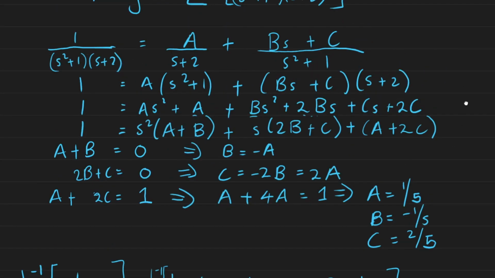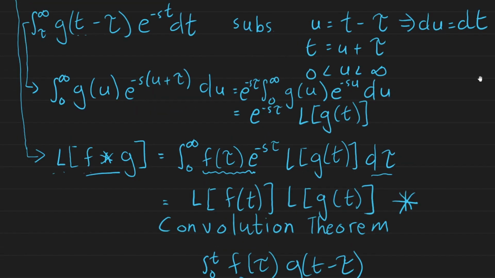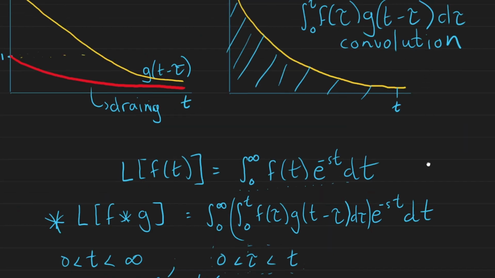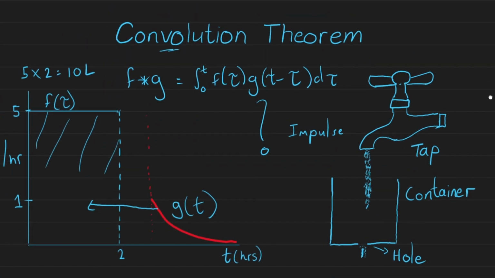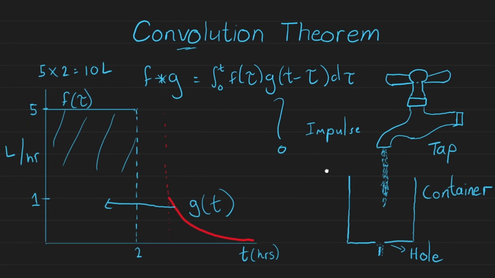So this video firstly started off by giving an explanation of what convolution is to begin with, because that might not be explained in all of the places of reference. And we used this analogy of this tap filling up this container. We saw that we have two functions and we want to capture the interaction between these two functions.